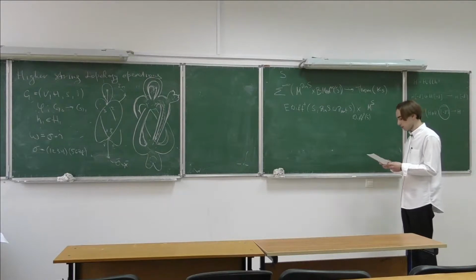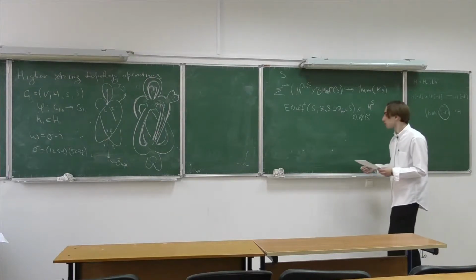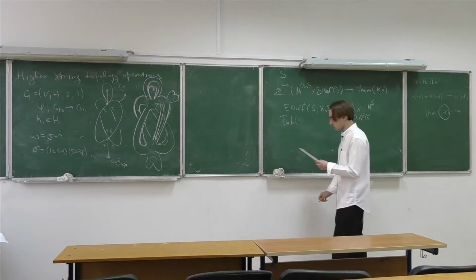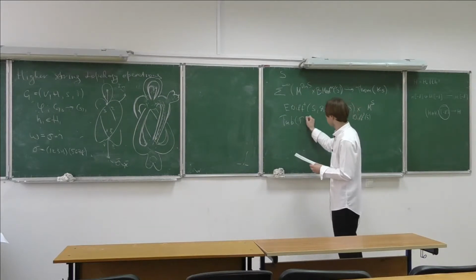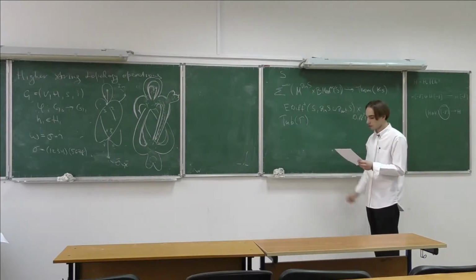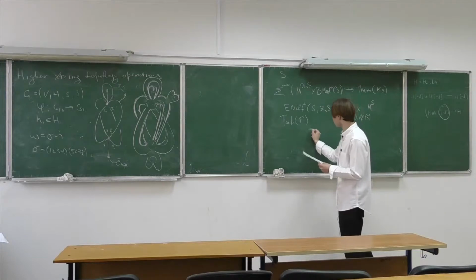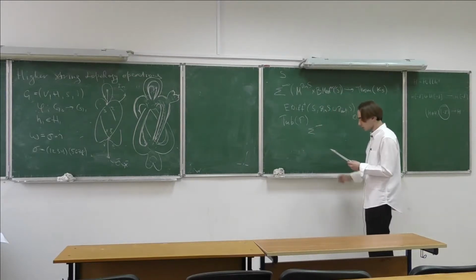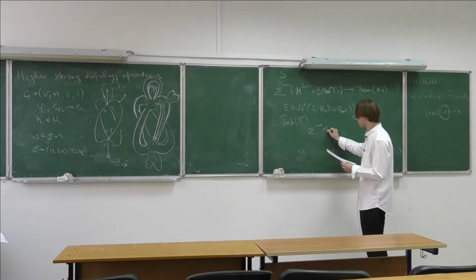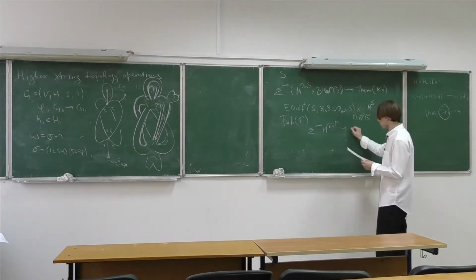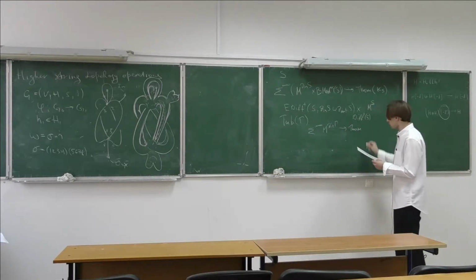So Godwin constructs some spaces called tab of gamma for a fat graph gamma, and these spaces parameterize the maps of spectra from the suspension spectra of this space to the Thom spectra of K gamma.